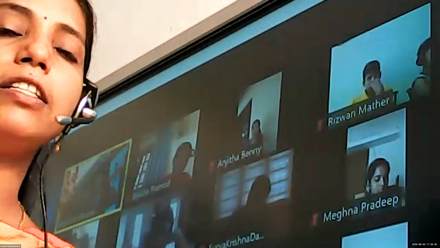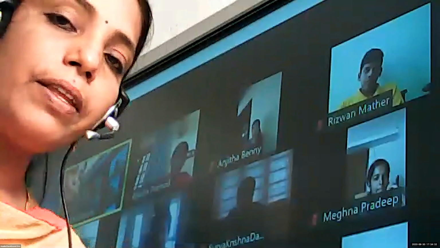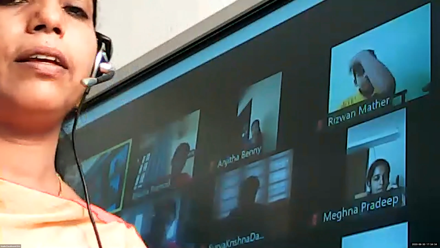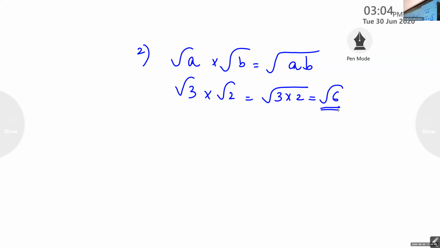Can you tell an example where the product you get is a rational number? Root 2 into root 2. This is irrational, this is irrational, and the answer is also irrational. Can anybody tell an example where, when you multiply, you get a rational number as an answer? Root 4 into root 6 is root 24.